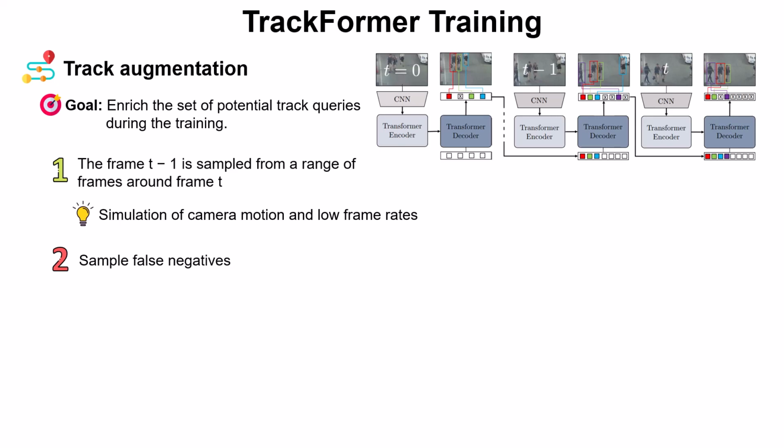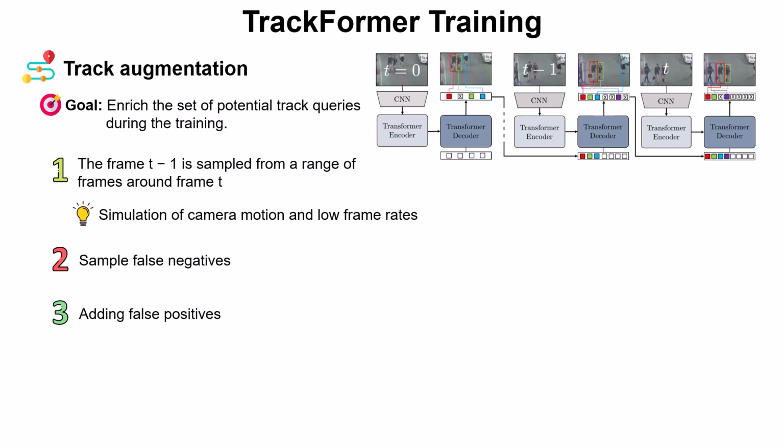Because if we don't pass that, then the transformer decoder does not receive the third person as the input. So now it is the responsibility of these 4 object queries to predict the position of that person. And by doing this, we kind of encourage the model to have a better ability to detect new people that are appearing in the image.